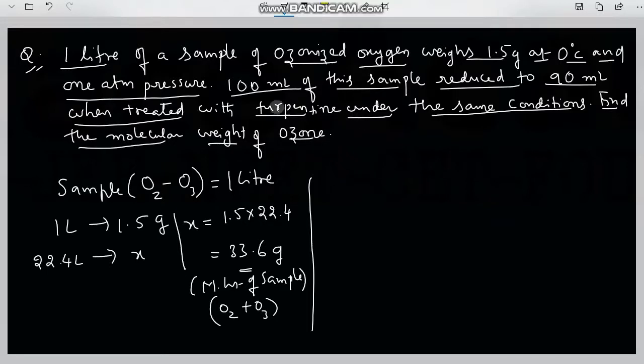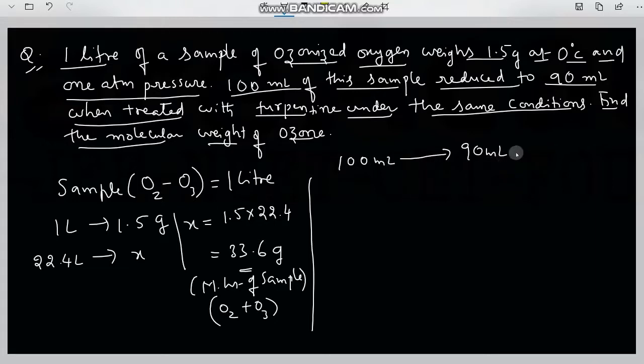Before that, they have given one more statement. If 100 ml of the sample is taken, it has reduced to 90 ml when treated with turpentine oil. So if turpentine oil is added, there is a depression of 10 ml.